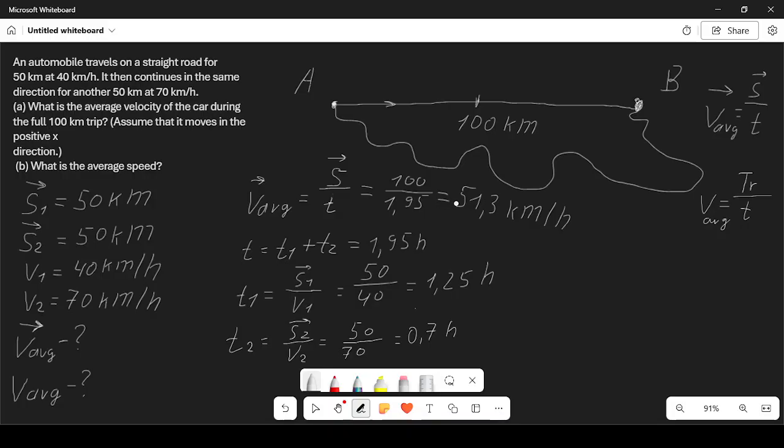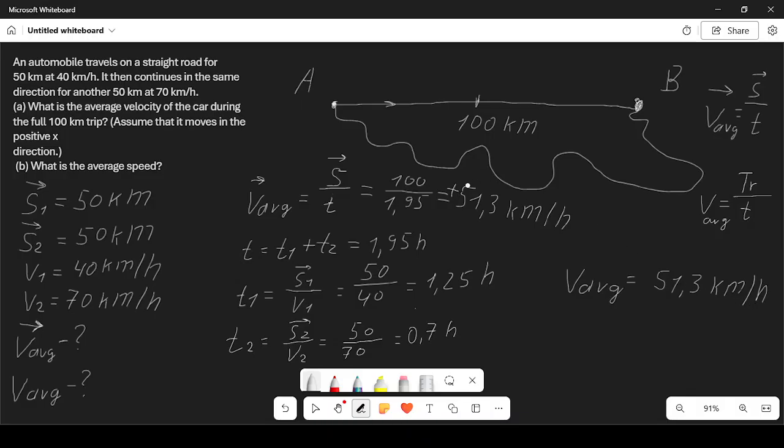Velocity is a vector quantity, so it has a sign, and we assume that it moves in the positive x direction, so it has the sign plus. And average speed doesn't have any sign, it's just 51.3 kilometers per hour.